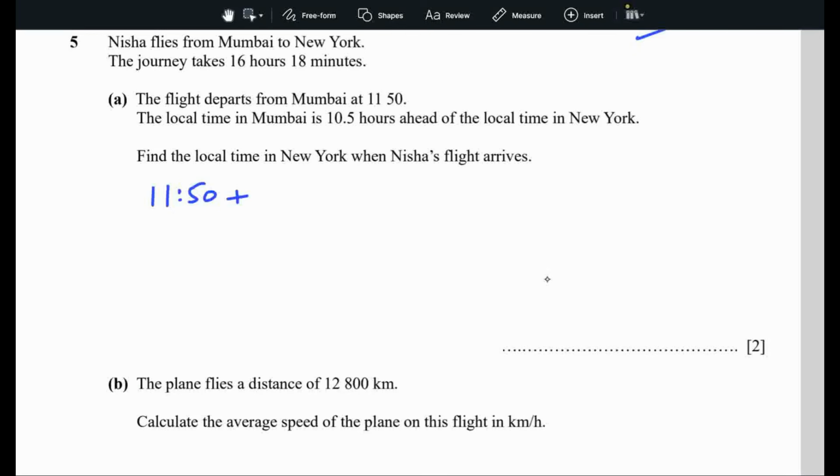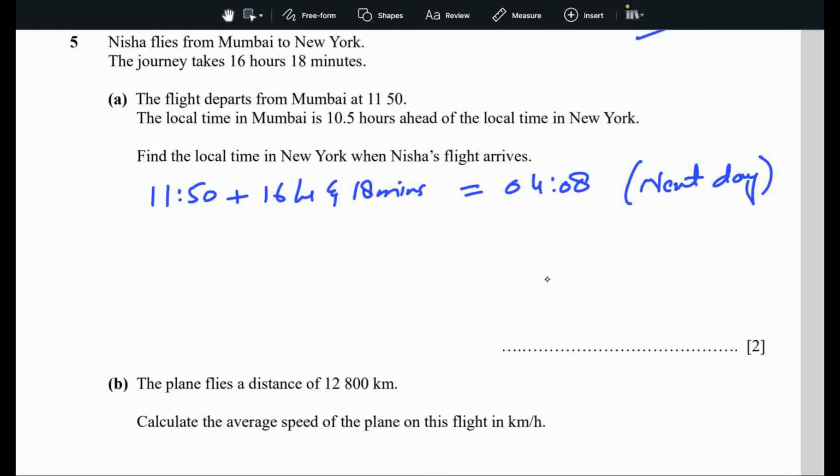If we add it, 16 hours means this will be equal to 4:08 of the next day. Okay.